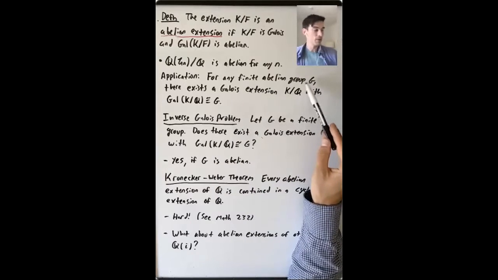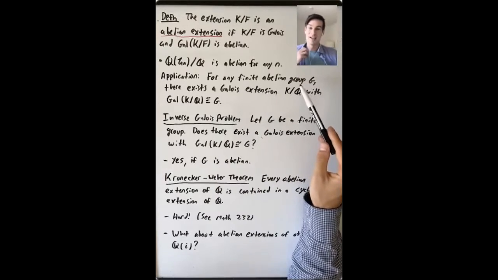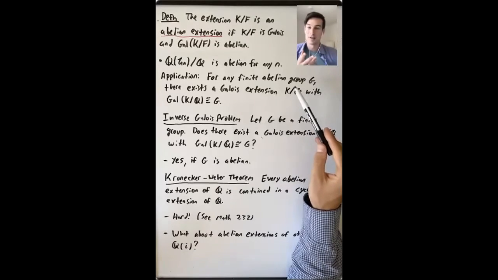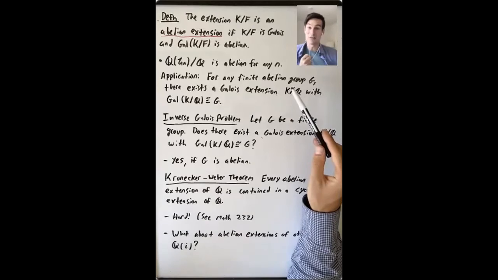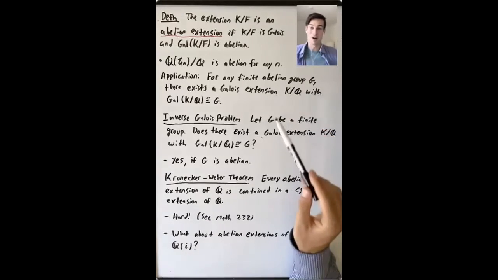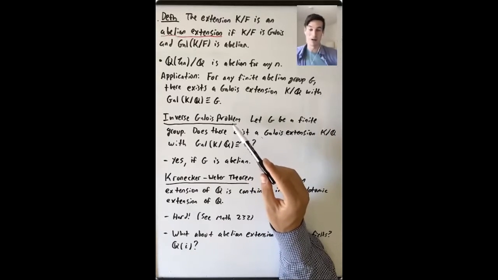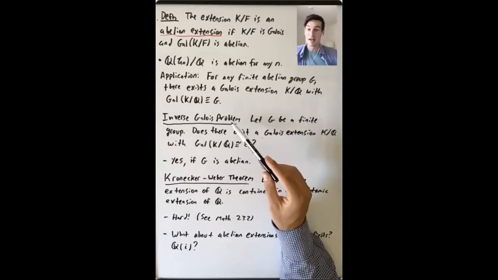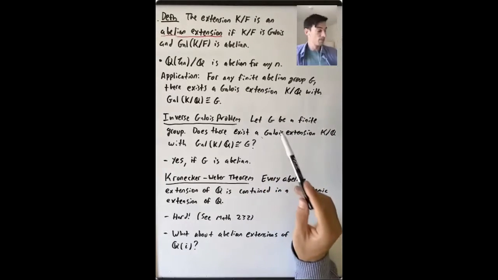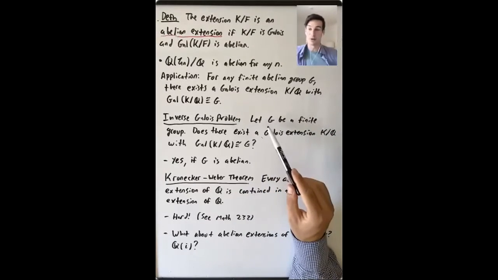But this brings up an interesting question, which is, if I hand you a group, can you find a finite extension of Q that is Galois, that has that particular group as its Galois group? So this is the subject of the inverse Galois problem, which is an active area of current research. So let's say that G is a finite group.